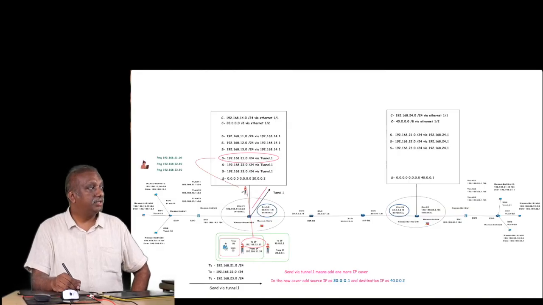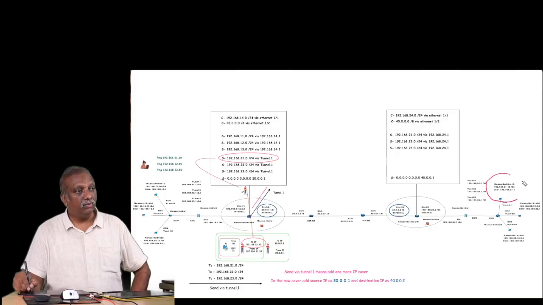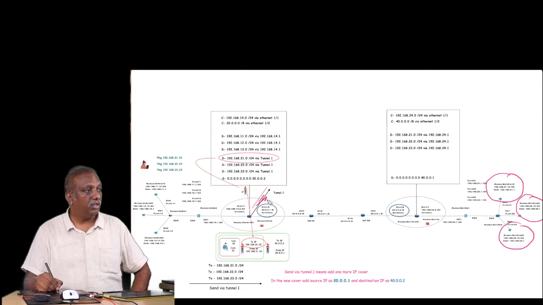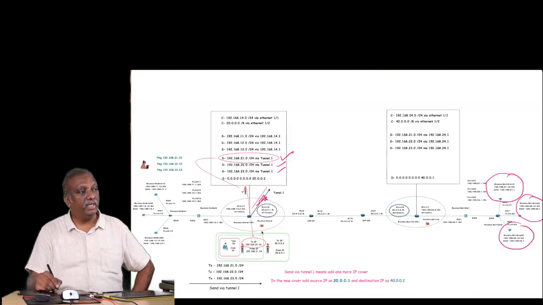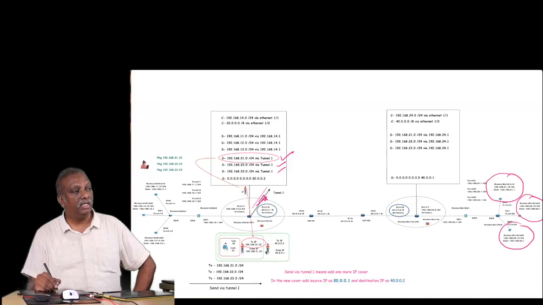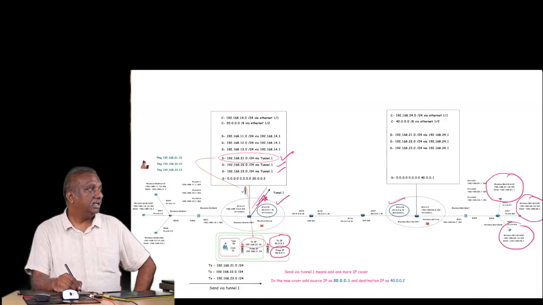We add routes in the routing table saying for all three network IDs, 21.0, 22.0, 23.0, send via the tunnel.1 interface. Send via tunnel.1 means add a new IP cover, one more IP cover. In that, add the source address as 20.1, your own IP, and the to address as 40.2, the IP address of the other firewall.